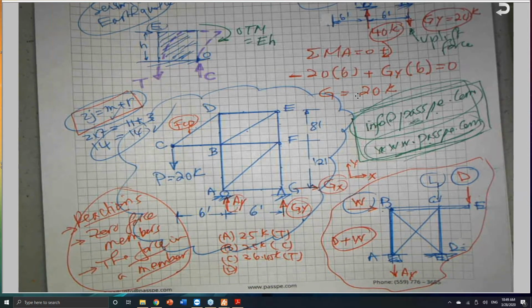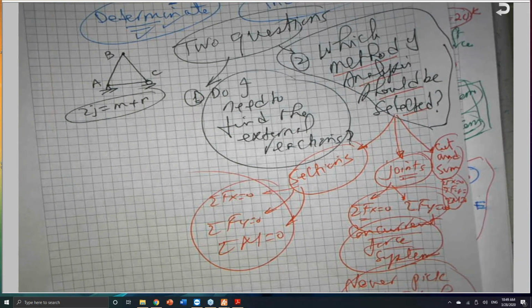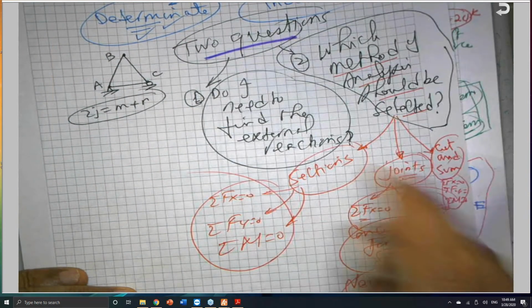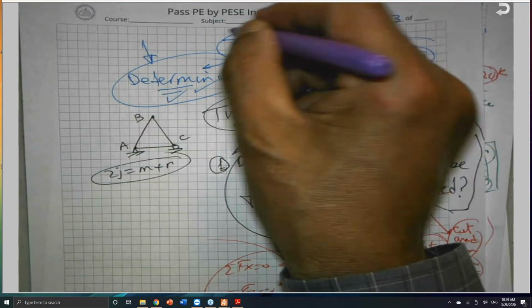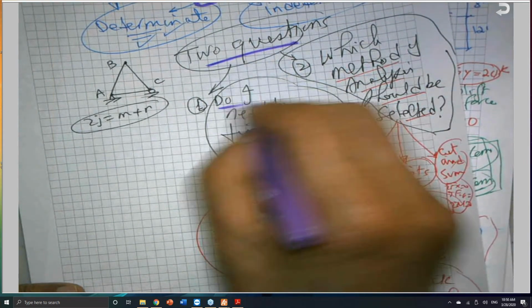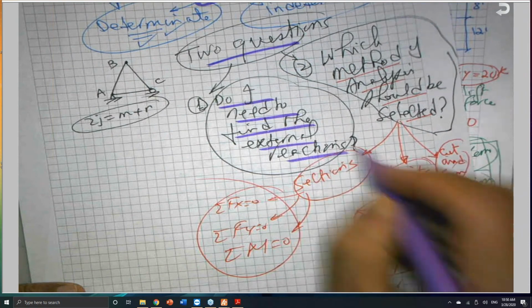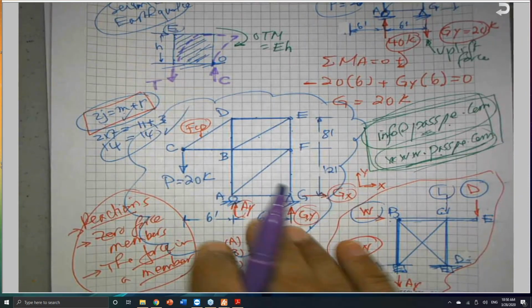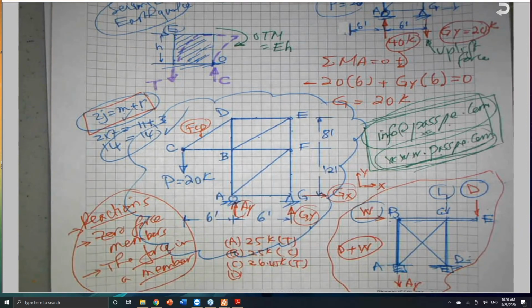So let's go back to the two questions that I addressed, the two questions you need to ask yourself when you see a truss problem. Do I need to find the external reactions? The answer is no in our case, because the reactions have nothing to do with this member for this specific configuration.